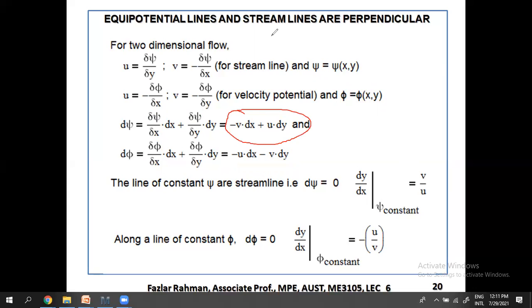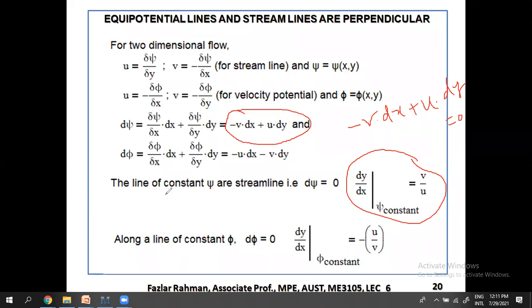How? I have from here, if this equals 0, I can say minus v into dx plus u into dy equals 0, right? And from here, if I rearrange, I can figure out dy by dx. And dy by dx, I'm getting this one. And what is the condition? Psi has to be constant.